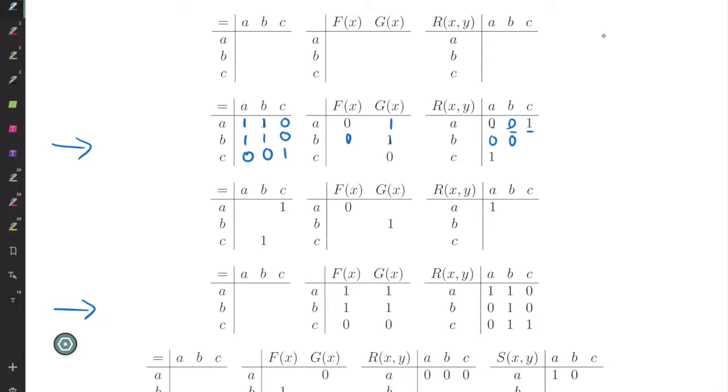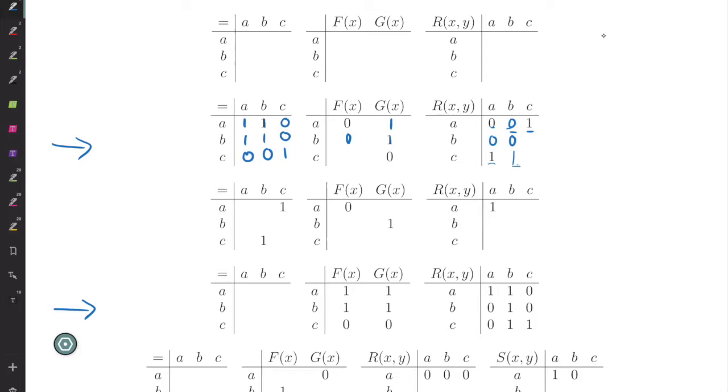Well, I know that RCA is 1 and RAC is 1. And we know that A is the same as B. That should tell me, if I know what RCA is, then I should also know what RCB is. It should be the same thing.